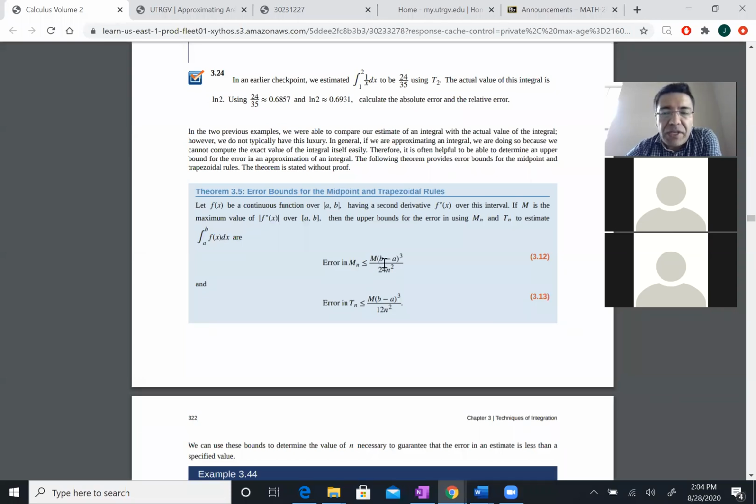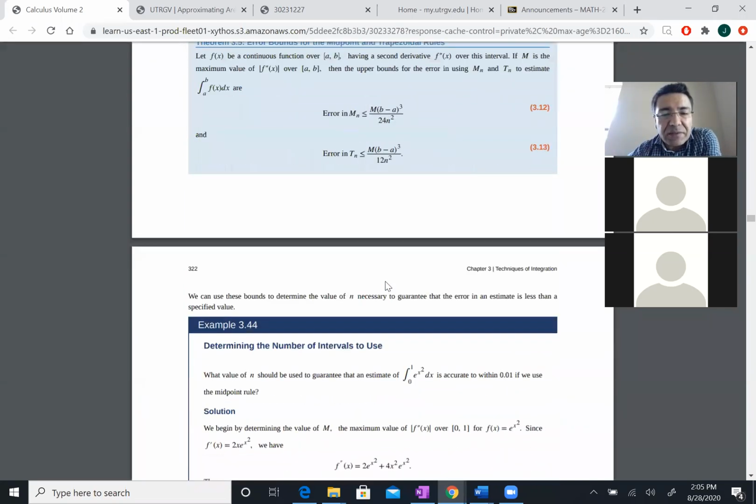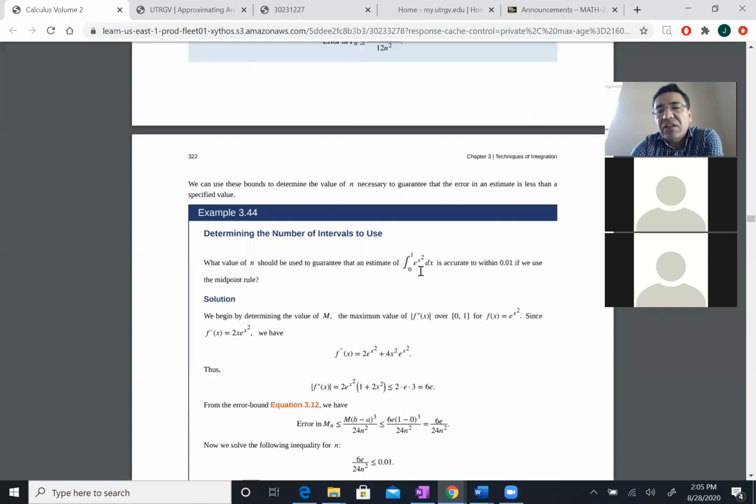When you are doing numerical integration, not all integrals can be calculated exactly. For example, this is a famous integral for which you cannot find the antiderivative. So you need to find the approximation and then find the error, to know if you are going to be 0.01 or 0.02 away.